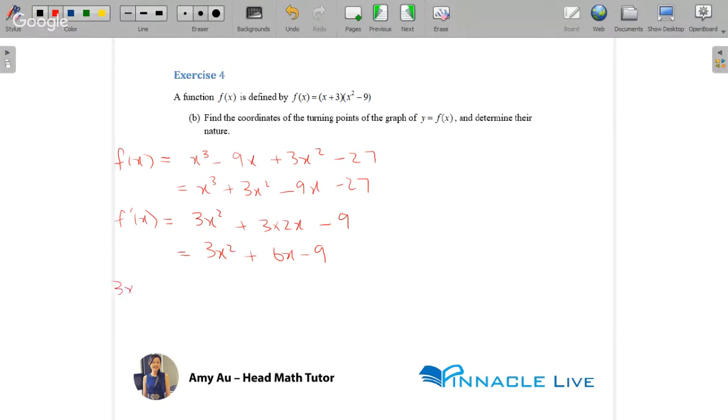We solve it to 0 and factorize. All right, so I'm down to here. So therefore, we can see that x is equal to -3 or 1. Next, put that into a table and test it.